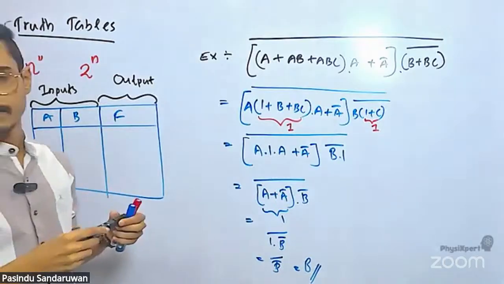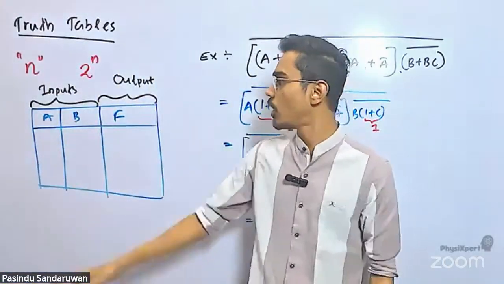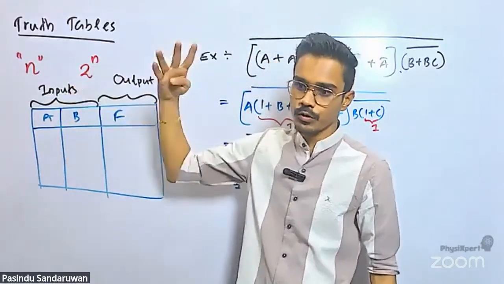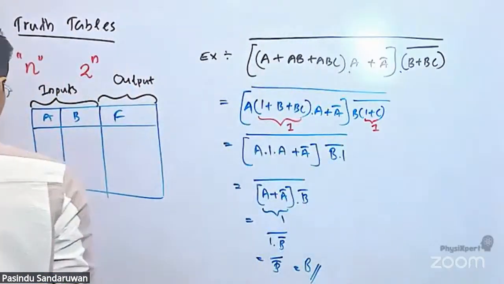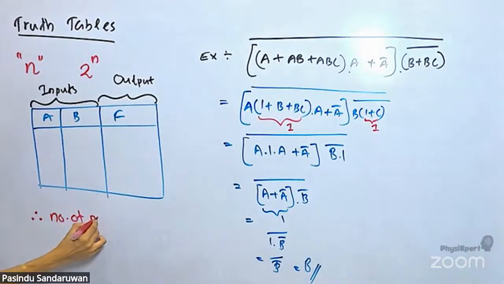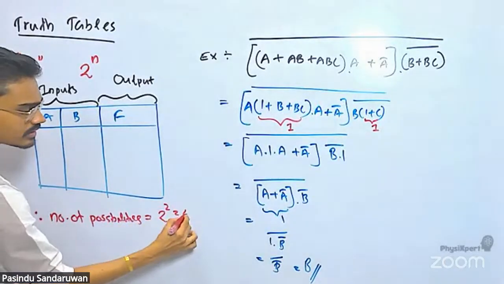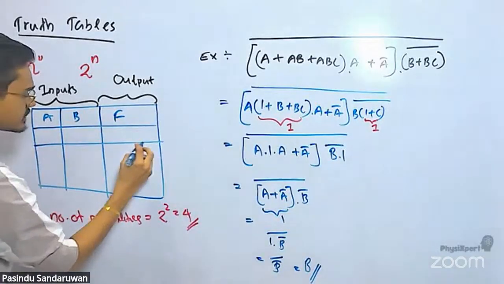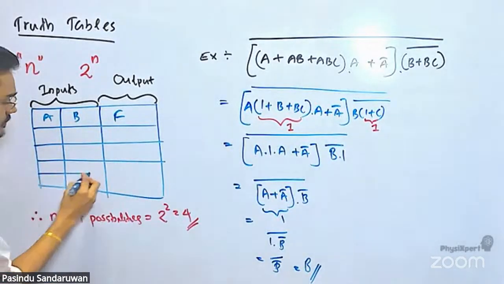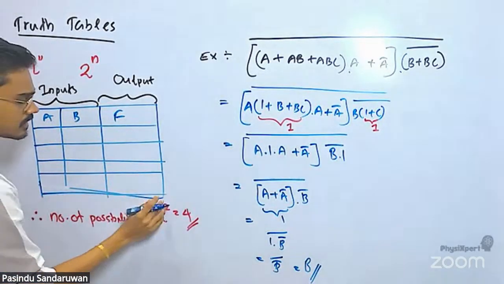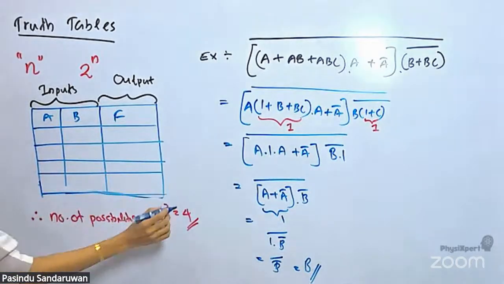Number of possibilities is 2 to the power n. With two inputs, A and B, possibilities are 2 to the power 2, which equals 4. Which means you are going to have 4 possibilities in this table.